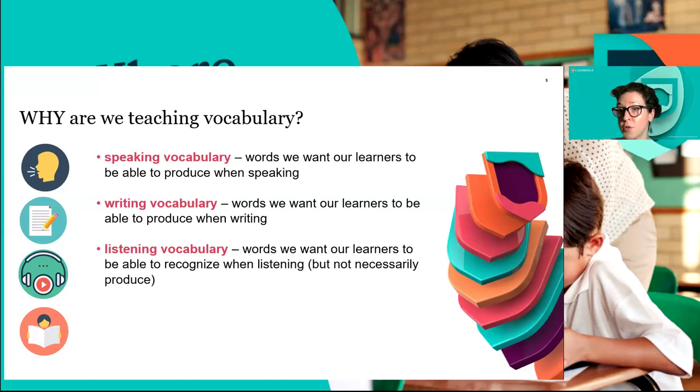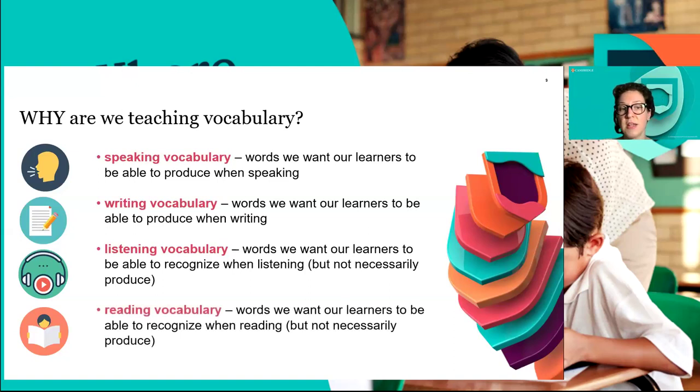And it's not very important to produce this word at this lesson. Or am I teaching this word to read? So they recognize it in reading, but they don't have to produce it at this particular lesson. And then I can change this aim later. Yeah, so it can be different for each lesson, and we need to think.